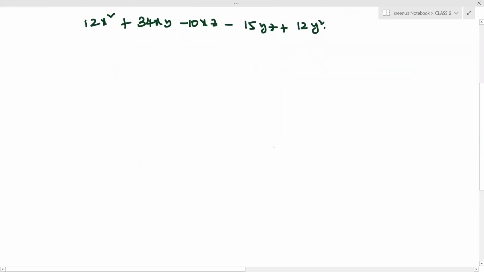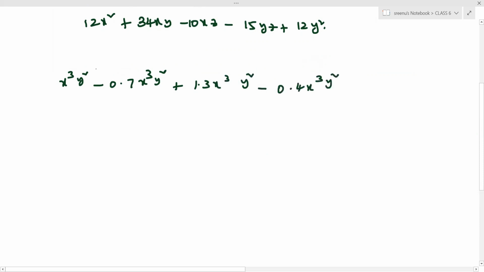Okay, let's go to this question: x cube y square minus 0.7 x cube y square plus 1.3 x cube y square minus 0.4 x cube y square. All the literal coefficients are the same. X cube means x power 3, we can call it x cube.